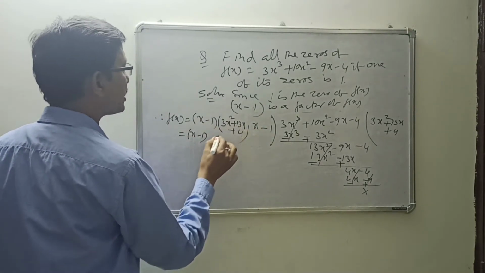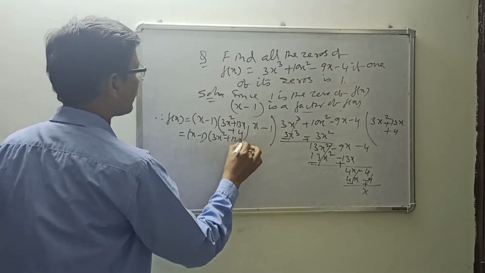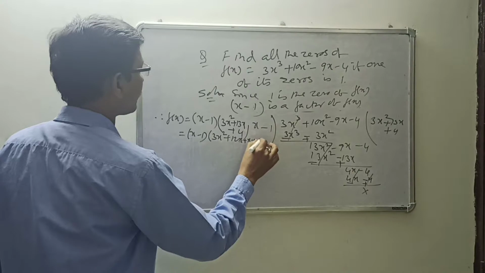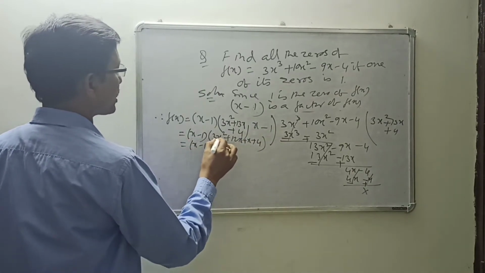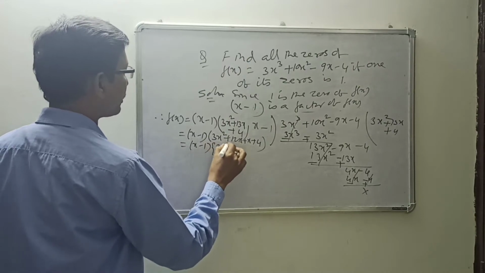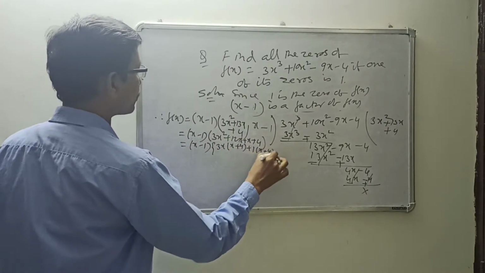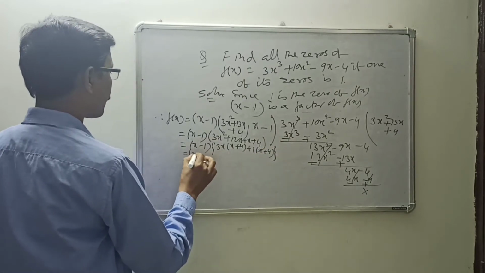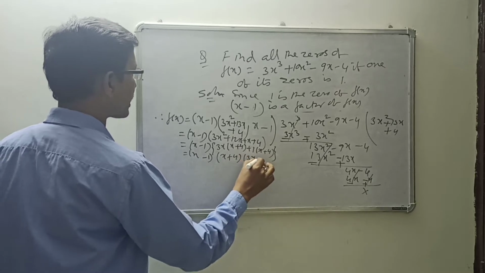If you break this one, 4 times 3 is 12, so ultimately x minus 1, taking 3x common, x plus 4 plus 1 (x plus 4), that is x minus 1, x plus 4, 3x plus 1.